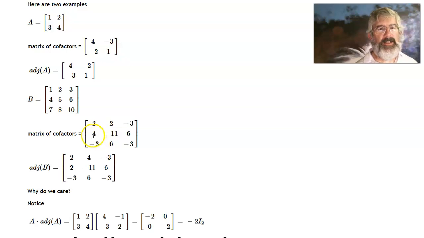In this position right here, I'm going to do a 20 minus 24, which is negative 4, but this is in an odd position, so you multiply by minus 1 to make it a plus 4. In the middle, cross out second row, second column, I've got 10 minus 21, which is negative 11.